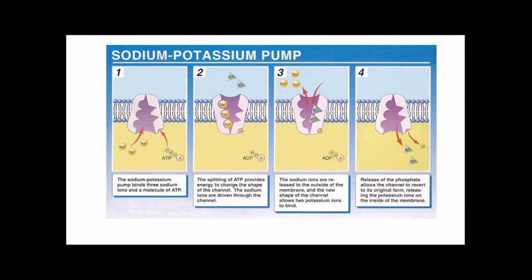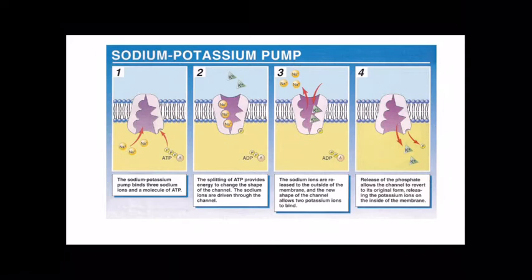When it changes shape the second time, the potassiums lose their affinity for their binding site and end up inside the cell. The phosphate comes off, and the protein has rearranged back to the position it started in, where 3 sodium ions can now attach and a new ATP molecule can attach.